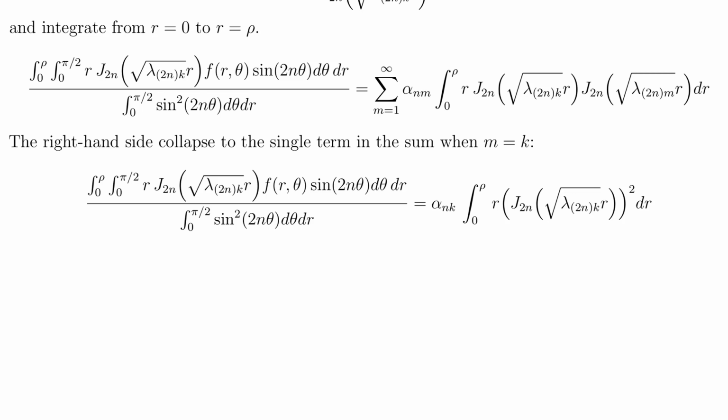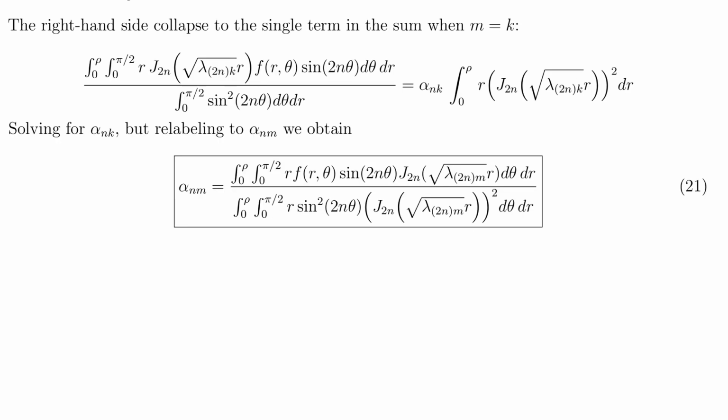We know that the eigenfunctions are orthogonal. So it reduces down to this formula on the right-hand side: the integral from 0 to rho of r times the square of the Bessel function J sub 2n, where we have index k on the eigenvalue lambda. We can solve this equation for alpha sub nk, and I'm going to relabel it as alpha sub nm, by dividing both sides by the integral on the right.